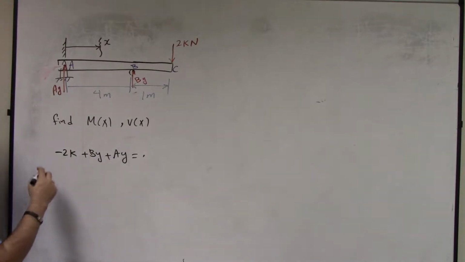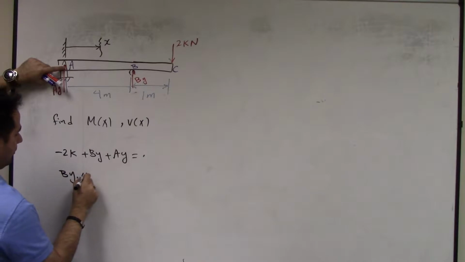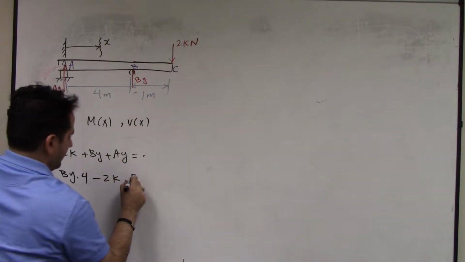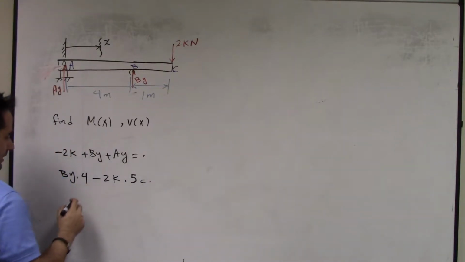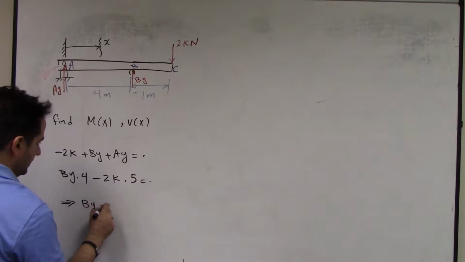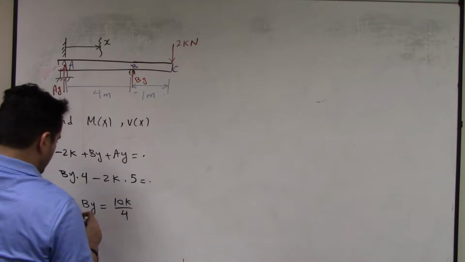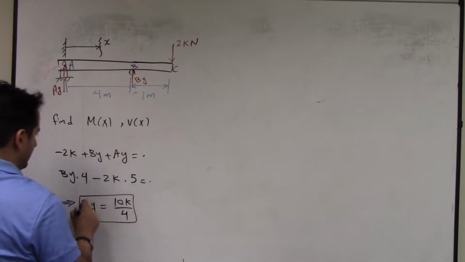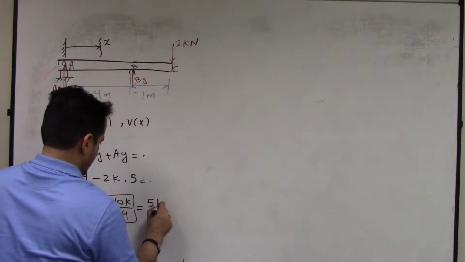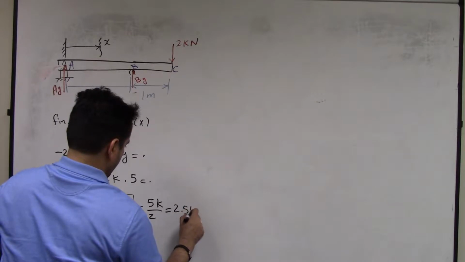Summation of moment around A gives you By times 4 minus 2K times 5 equals 0. This gives By equal to 10K over 4, that's 5K over 2, or 2.5K.